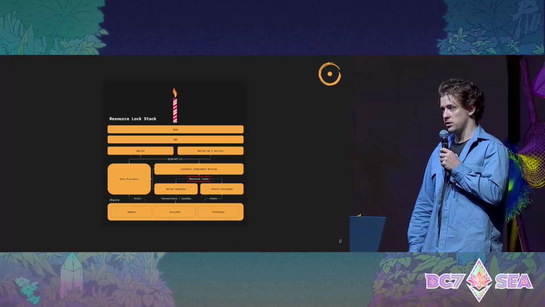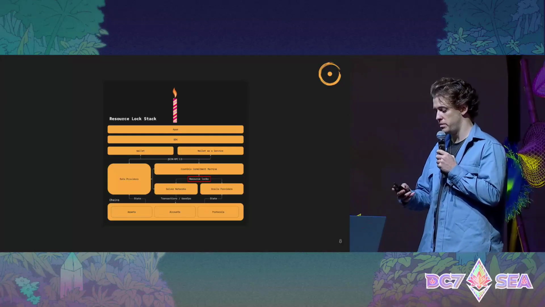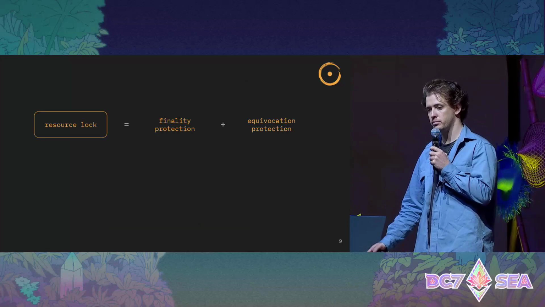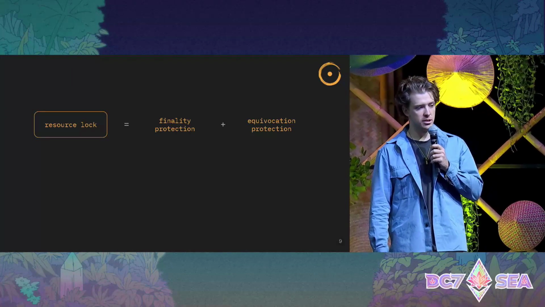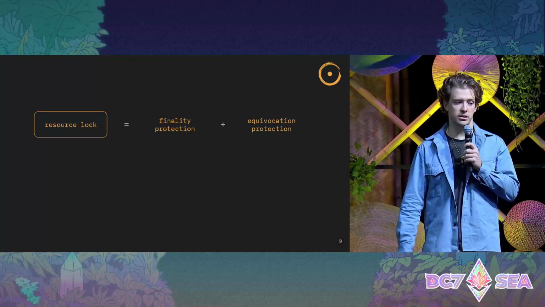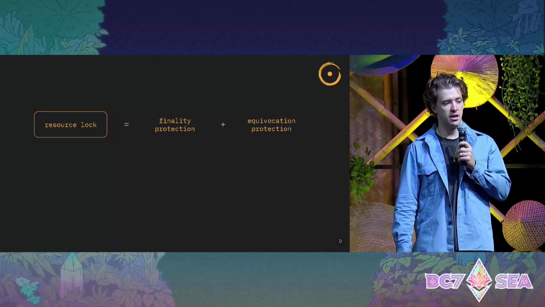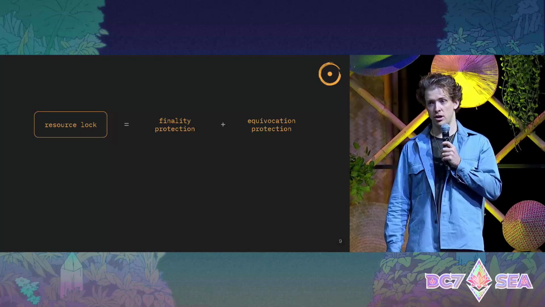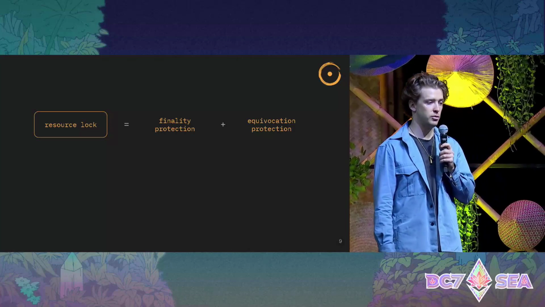Now, the magic behind resource locks is really what allows us to achieve this seamless interoperability in Ethereum. So let's go into talking about what a resource lock is. It's really composed of two things, and there's many shapes and sizes of resource locks. So it's finality protection and equivocation protection. And this is actually one of the core properties that blockchains offer. Just the problem is that blockchains offer it in a very, very expensive way.